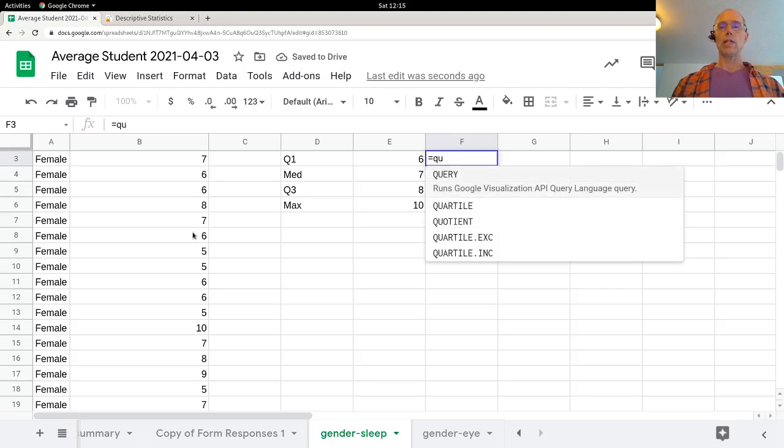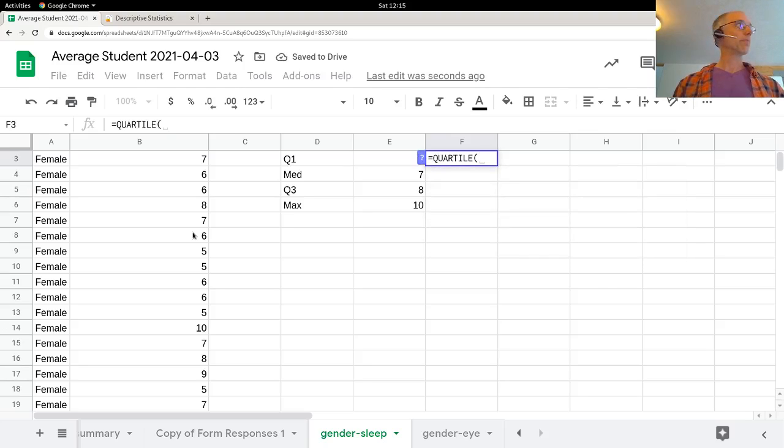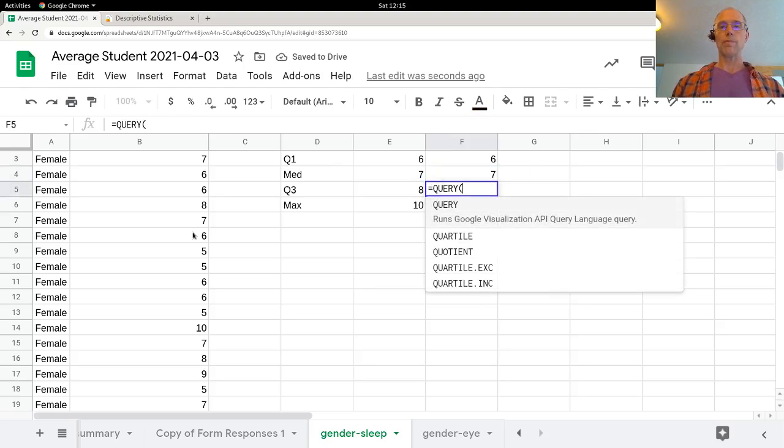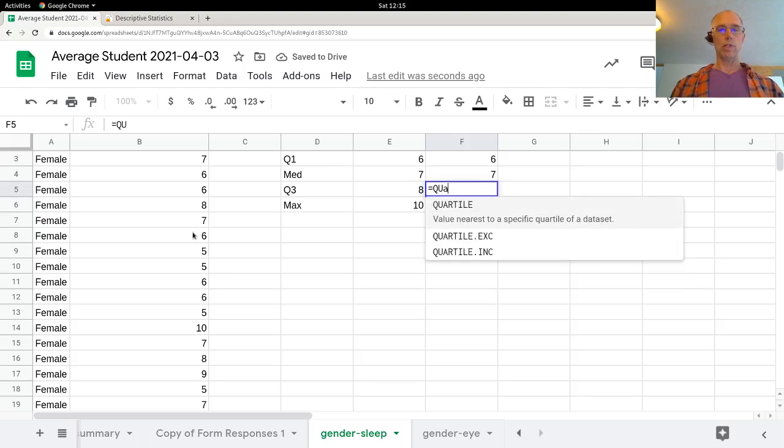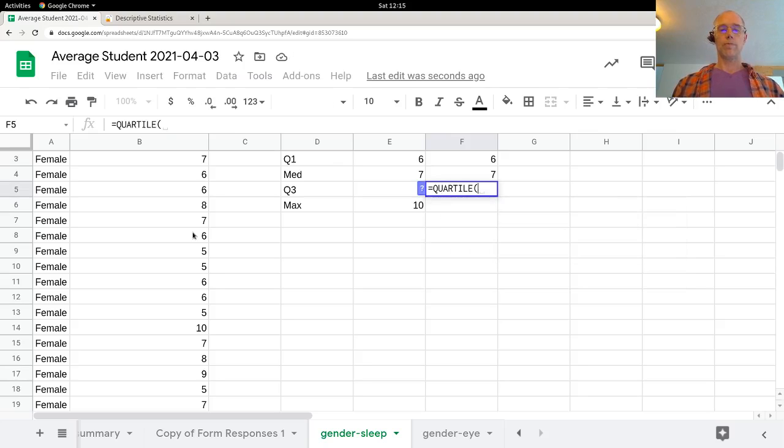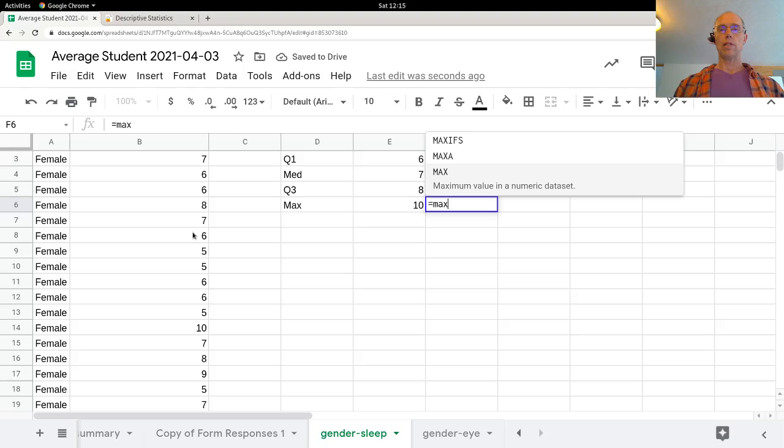And then quartile 1, median, quartile 3, oops, wrong one. And with the quartile command, don't forget to tell it which quartile you want, otherwise it'll yell at you. And max.